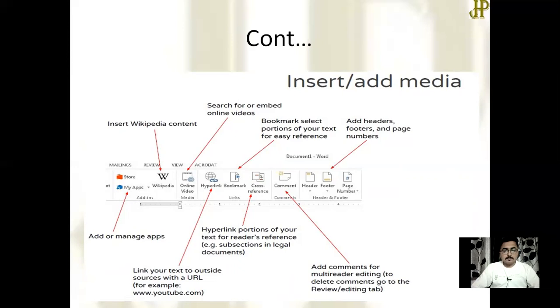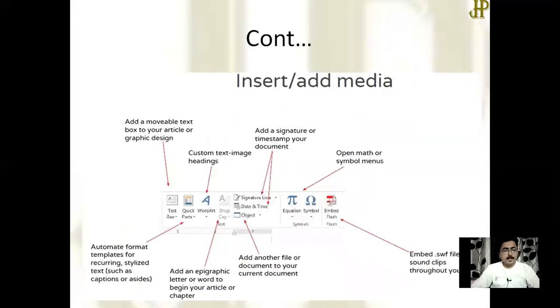Other aspects like hyperlink, cross-reference, and bookmark can also be used in your document as per your need. And at the last, you will see something special like equation, symbols, etc.